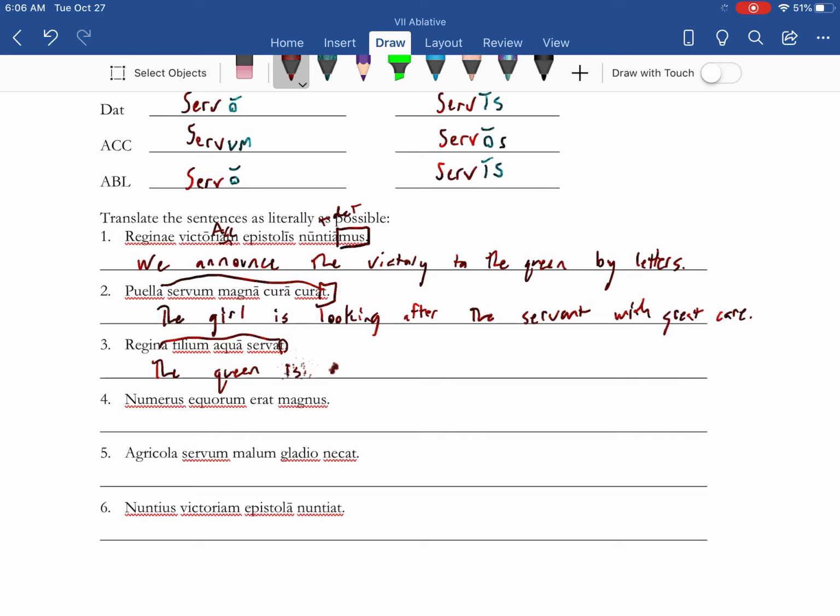The queen is saving her son with water. Aqua, if you notice the long mark, and with water.